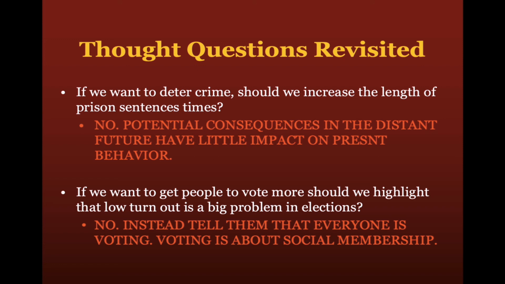Or if all Republicans are voting and you want to be a good Republican, then you're going to want to go vote too. So the key is to say that everybody is voting in your group, and therefore people would be more inclined to actually vote. But the reason we know the answers to these questions is because someone has used a scientific method to test these ideas and come up with a more conclusive answer.